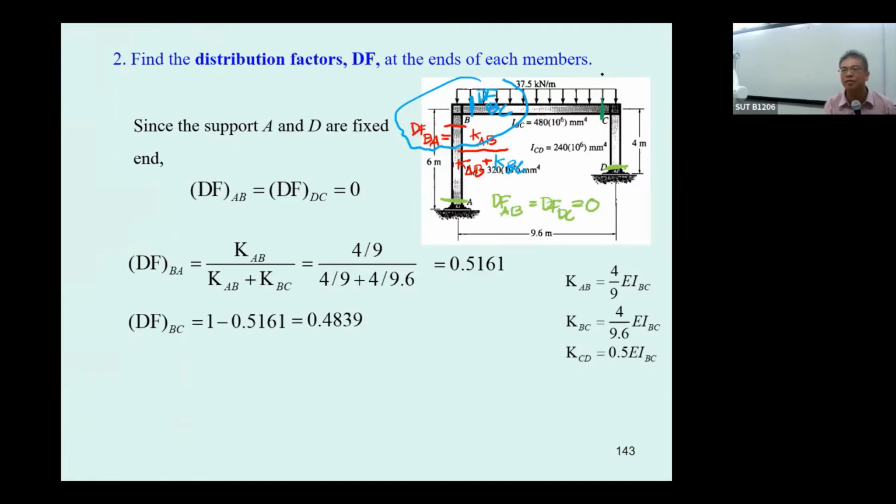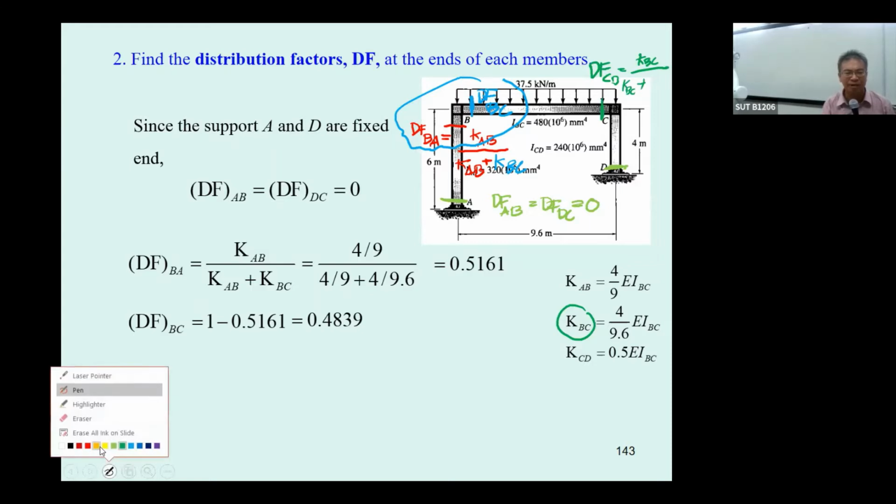This one is going to be the distribution factor CB, and you will determine it from the stiffness of this member. It is going to be K sub BC divided by K sub BC plus the stiffness of this one, K sub CD.